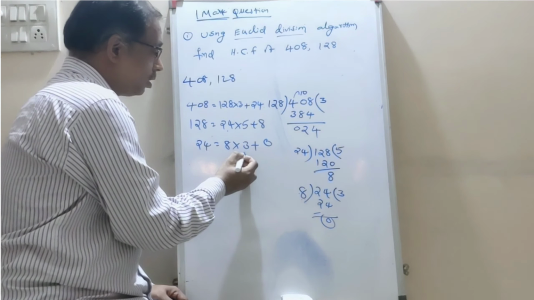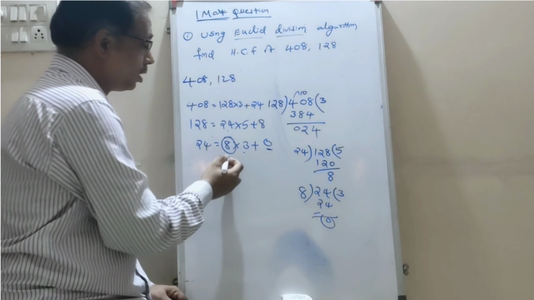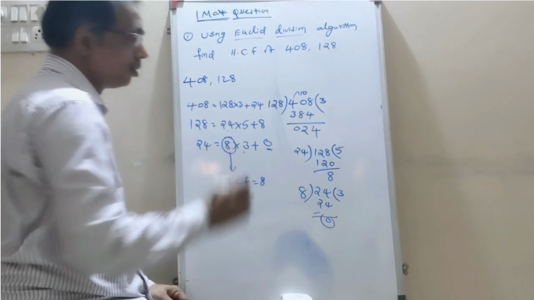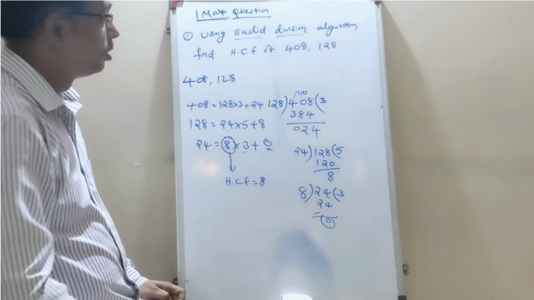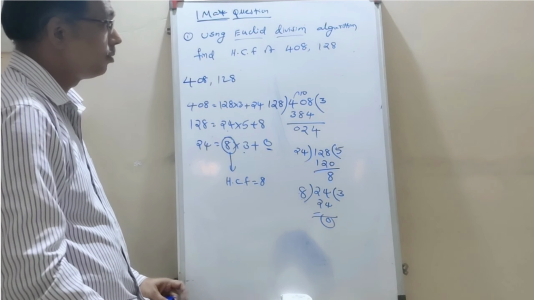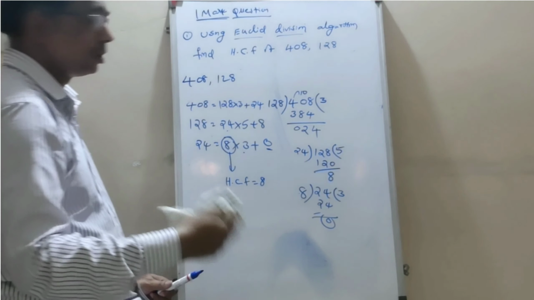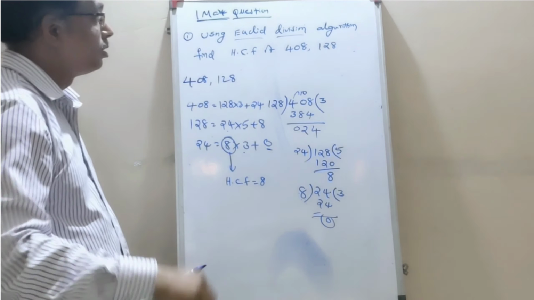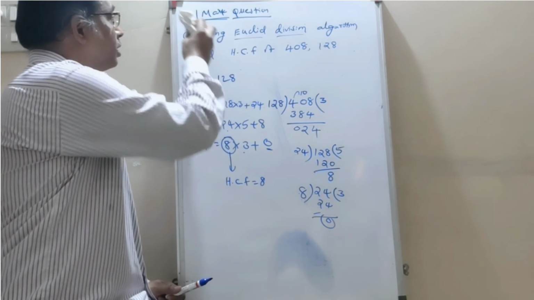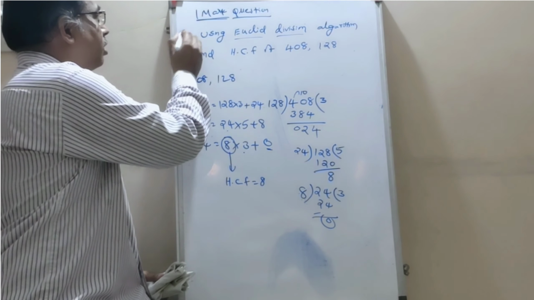So wherever you get 0 as remainder, the divisor 8 can be taken as the HCF. Like this you have to find the HCF of 408 and 128. Okay. Now the next one, let's take one more simple sum here: 72 and 108. The second sum is the same, by using the same Euclid division algorithm.